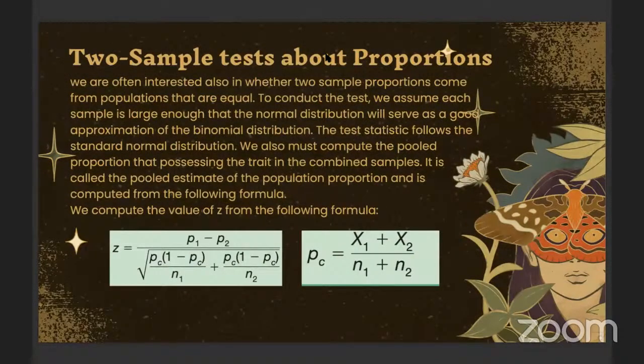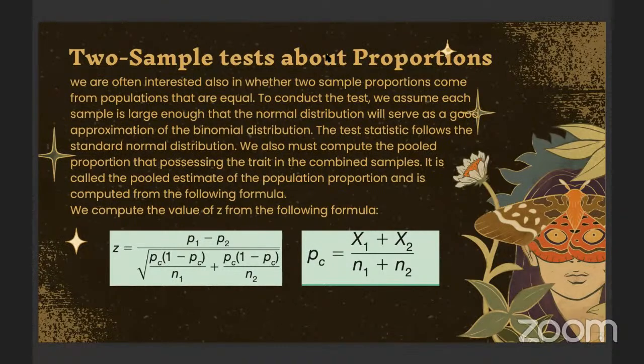Next, we move on to the two-sample test about proportions. We are often also interested in whether two sample proportions come from populations that are equal. To conduct the test, we assume each sample is large enough that the normal distribution will serve as a good approximation of the binomial distribution.